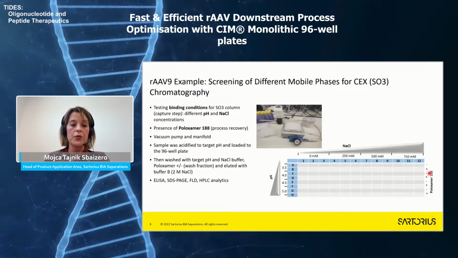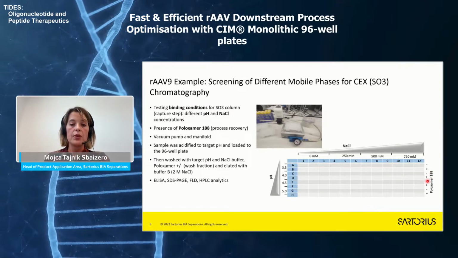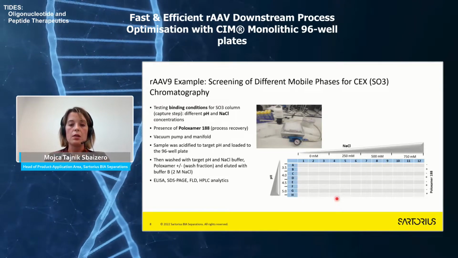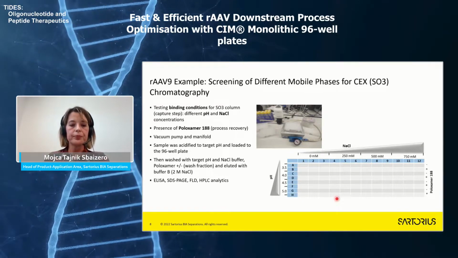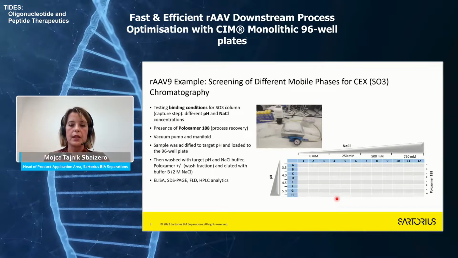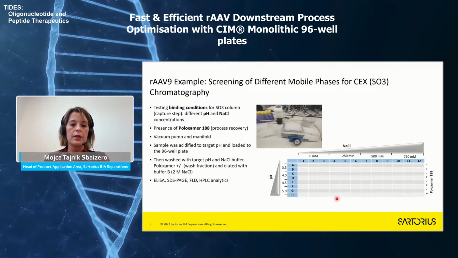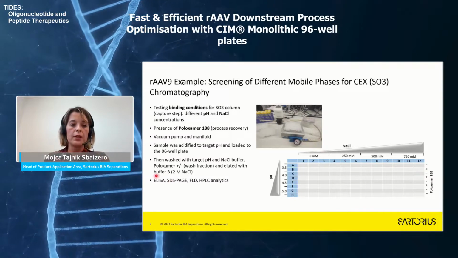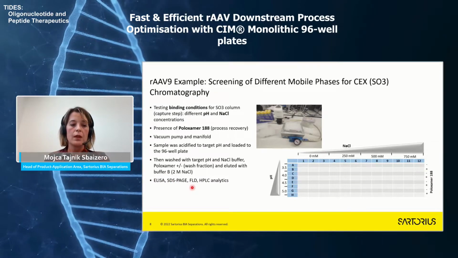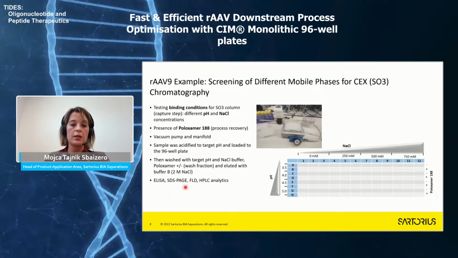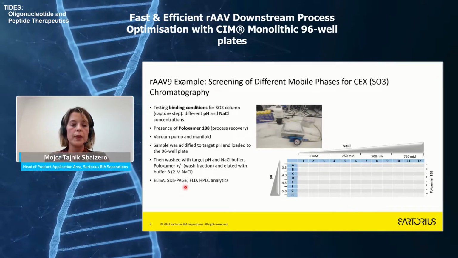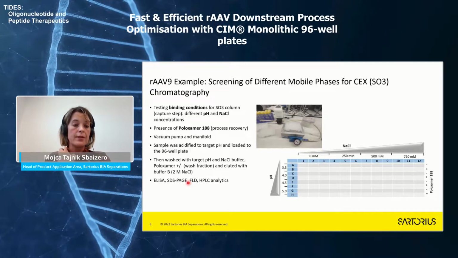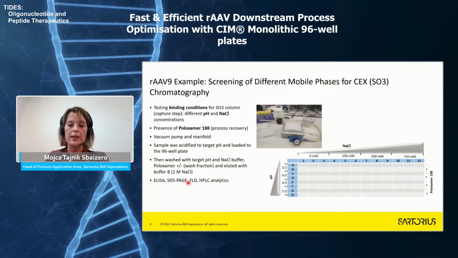This was the wash fraction. And then we eluted with a buffer of the same composition, but with 2 molar sodium chloride for the elution. After we obtained the wash and elution fractions, we performed ELISA screening for titer determination, SDS-PAGE to check qualitatively the impurities, plate reader fluorescence, as well as HPLC analytics.